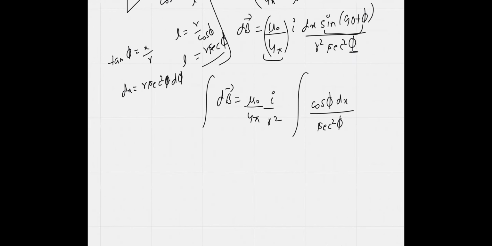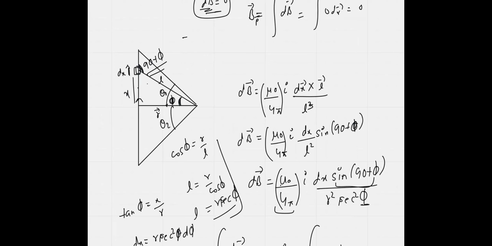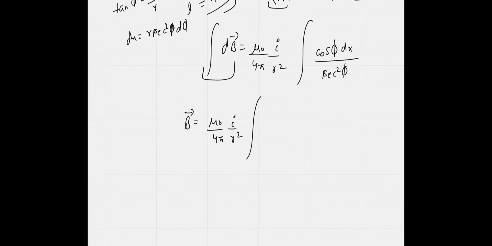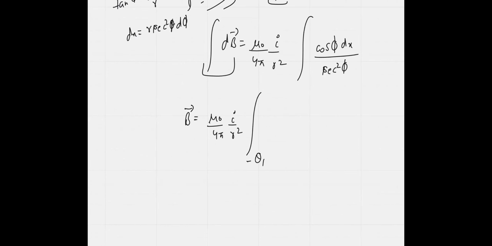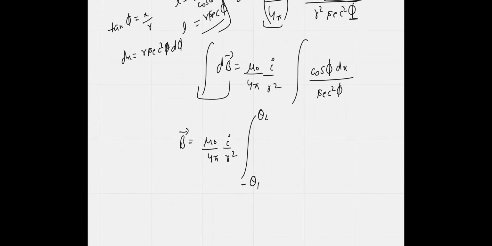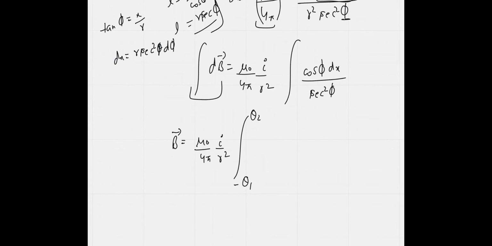When you put the value and integrate it completely, you are going to get B equals mu naught by 4 pi I divided by r square. From where to where are you going to integrate? You can say from minus theta 1 to theta 2. Instead of dx, you can write the whole thing.